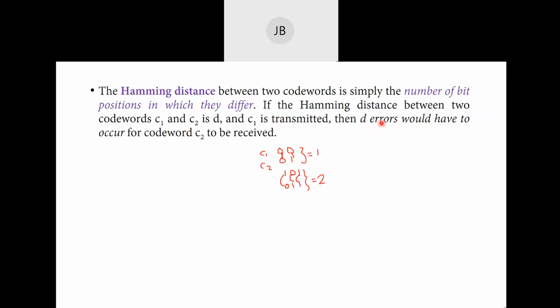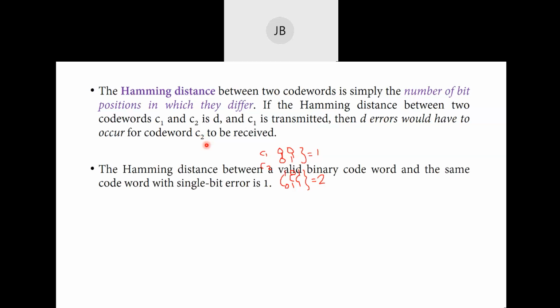So D number of errors should occur, and only in that case can C2 be received. If there are more errors, then C2 cannot be received. So that's the idea here.